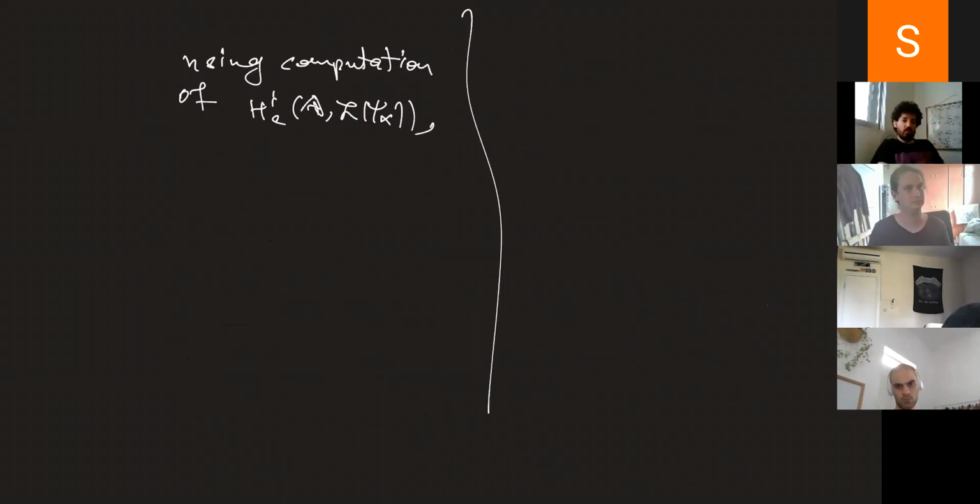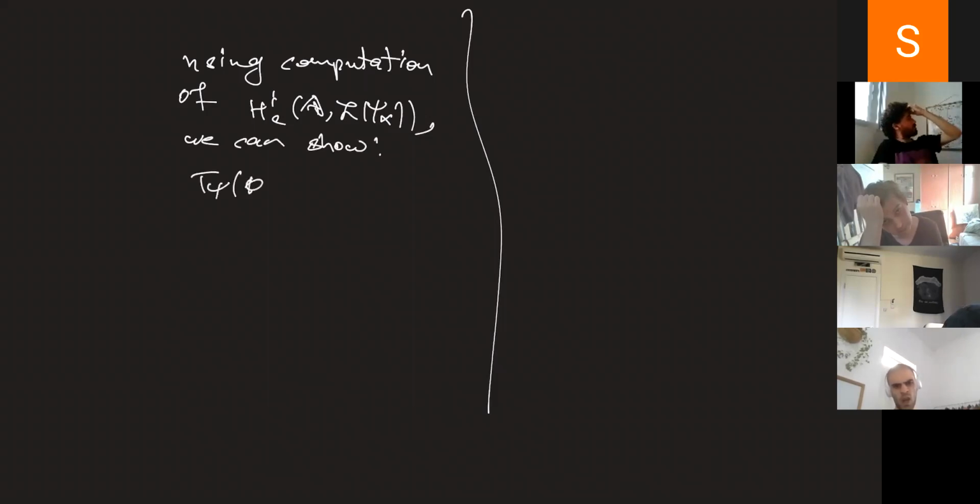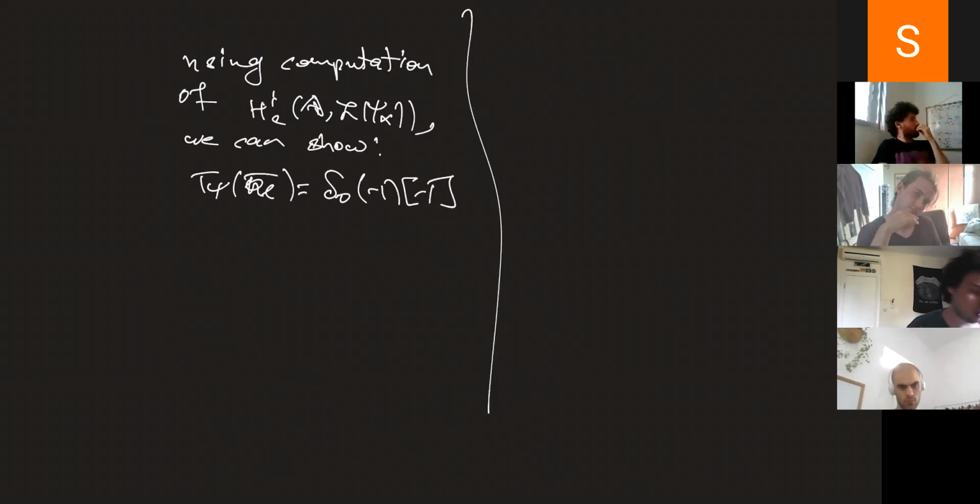I can show that if you take the Fourier transform of the constant shift, you get a delta function. Again, this form might not be super surprising to people who are used to any kind of Fourier theory on non-compact things, whatever.